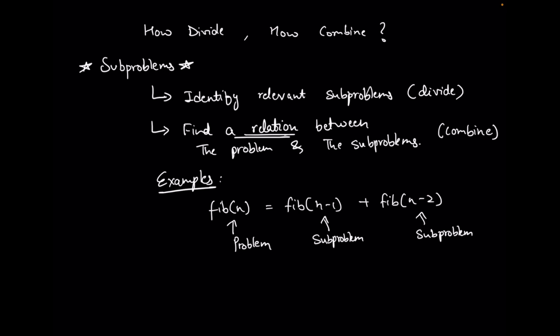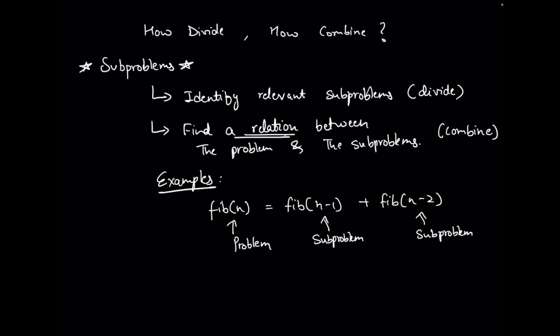This is a relation that you need to find, a relation between the problem and the subproblems, or a relation between the answer of the problem and the answers of the subproblems, right? Once you have this relation, it's pretty easy what you need to do. To divide, you simply need to make recursive calls for these subproblems, which is fib n minus 1 and fib n minus 2.